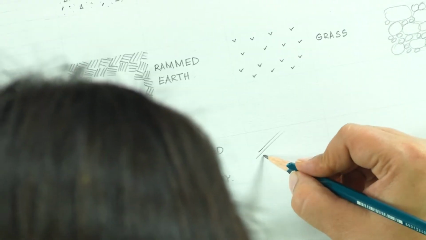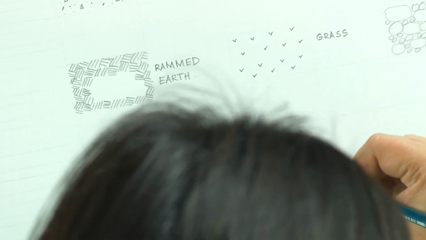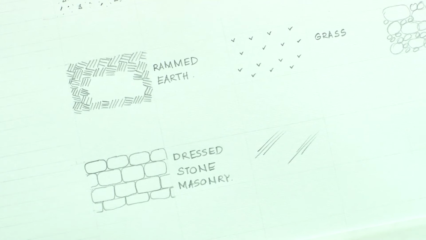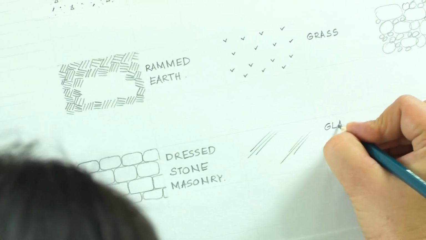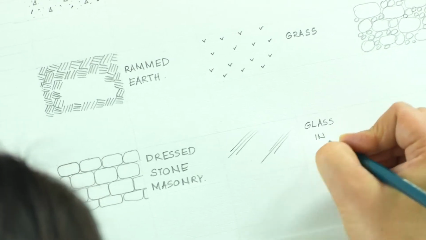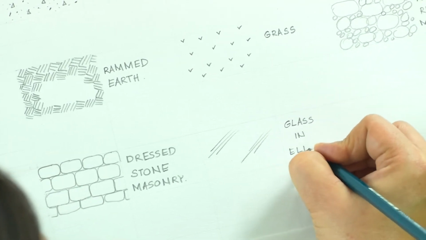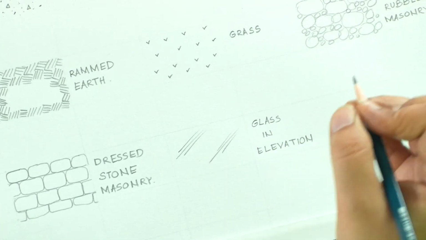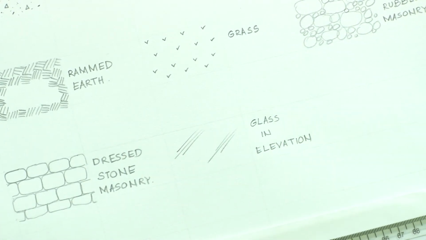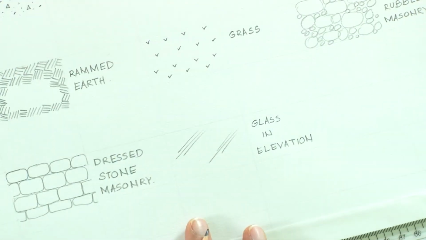So, we just have a plain surface and we will make 3 freehand parallel lines, which represent the reflection. This is glass in elevation. All these graphic symbols which we are using are standard, and they are used like this, especially in India.